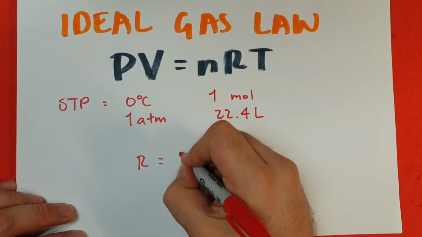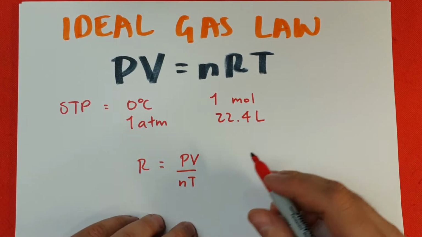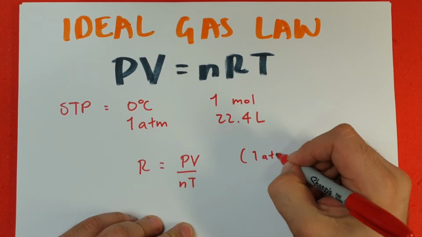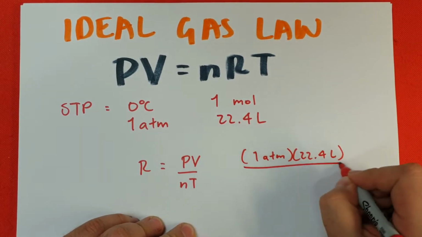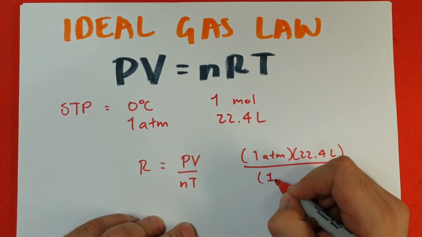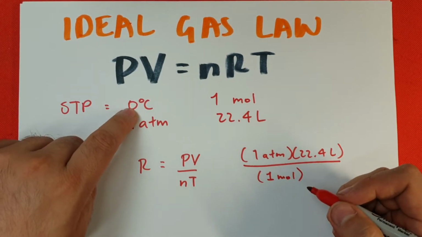equal to PV divided by nT, where pressure is 1 atmosphere, where volume is 22.4 liters from that observation, and where the number of moles is 1 mole of that ideal gas, whichever it may be, at a temperature of 0 degrees Celsius.